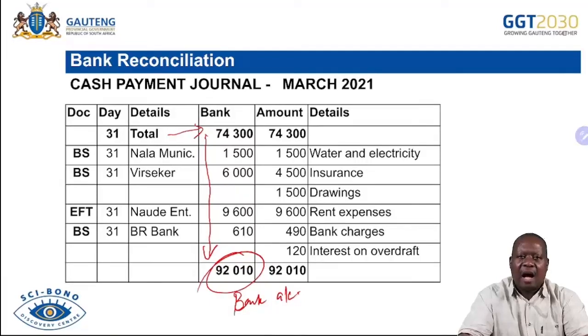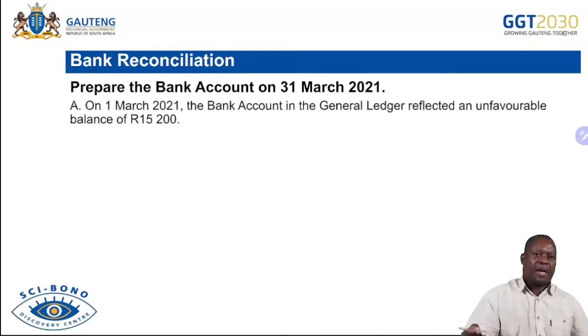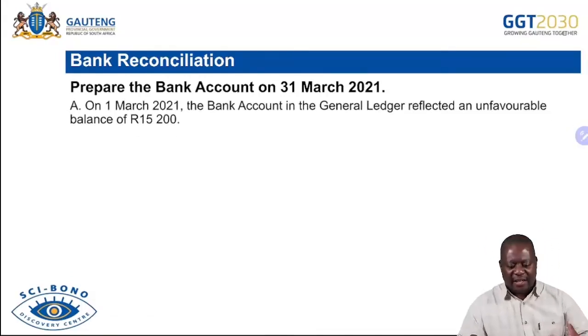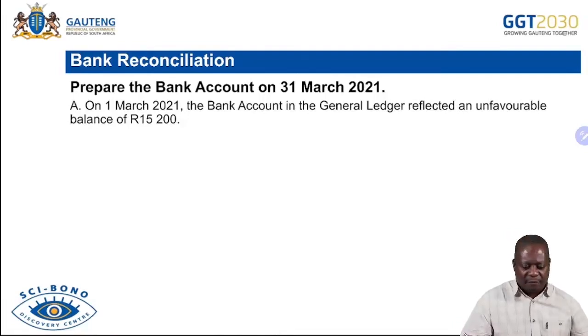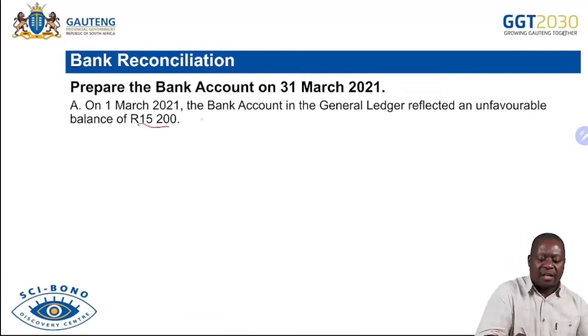Now, let's see how it appears when it gets to the bank account. They are saying prepare the bank account as the next item. But remember, information item A was saying the bank account in the general ledger on the first day of the month had an unfavorable balance of 15,200. And we said this is an overdraft, right?